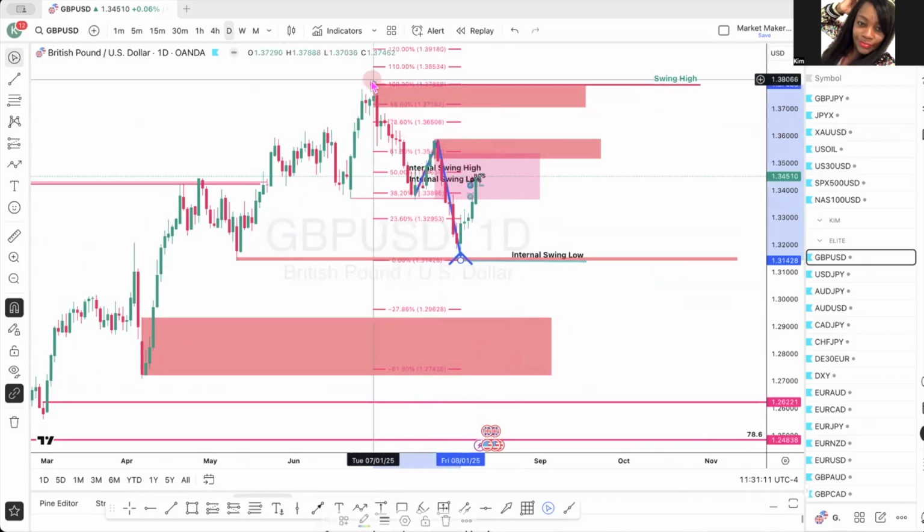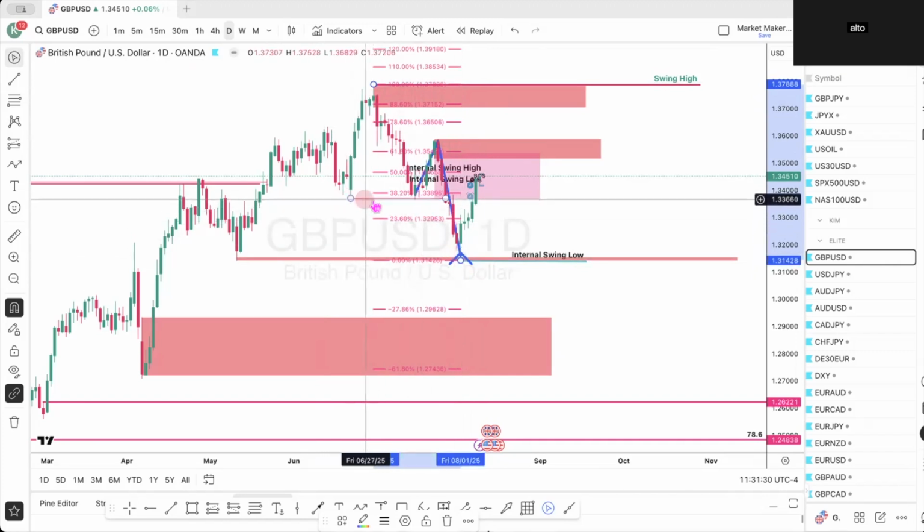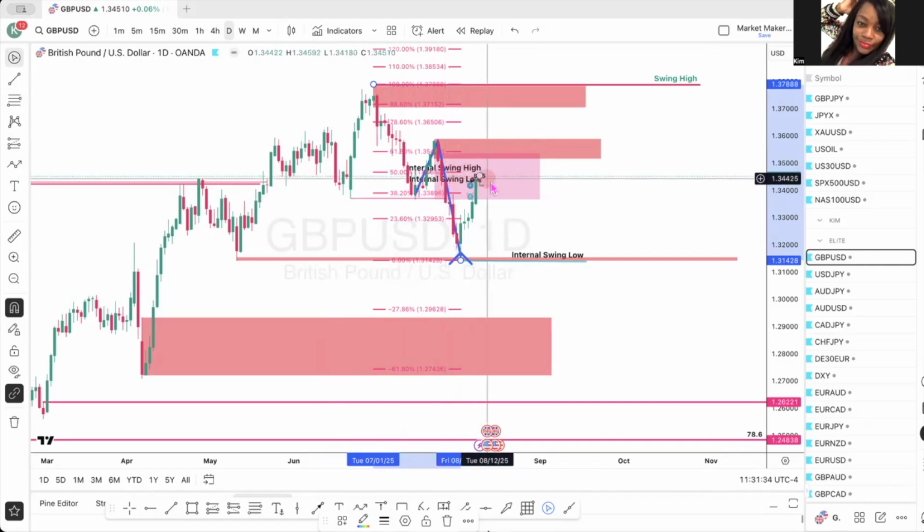Honestly, I know Todd said that this was his market structure shift, but for me that wasn't my shift. So I technically would put it at the top of this high to this low here, because my market structure shift really didn't happen until here.